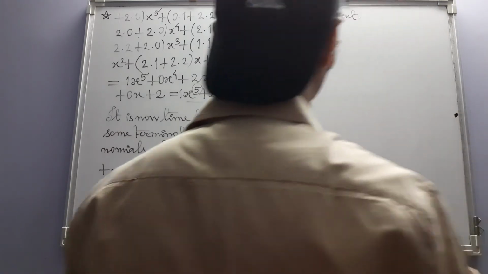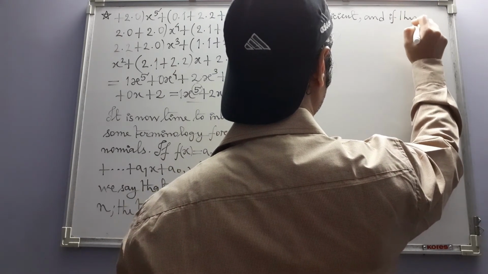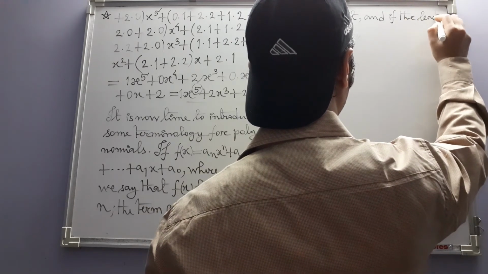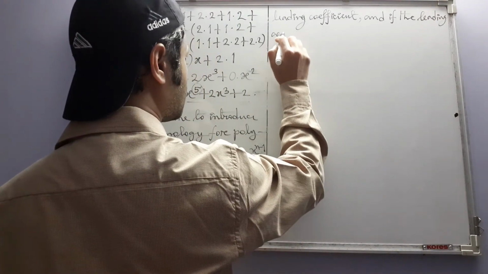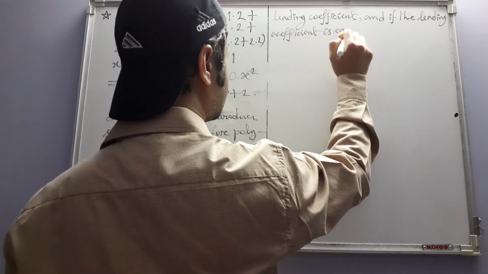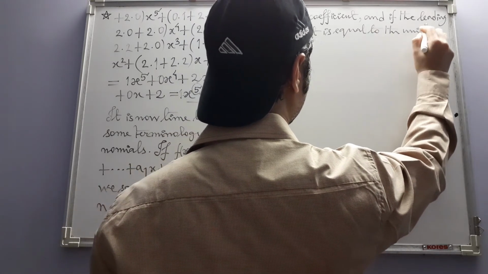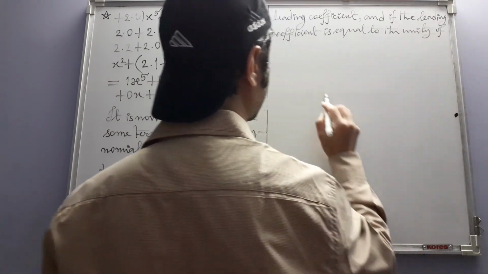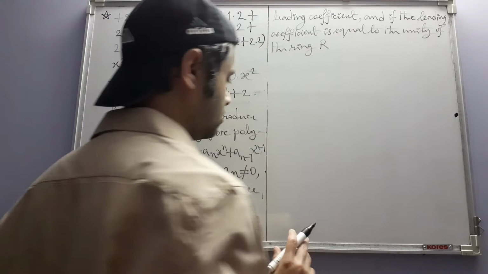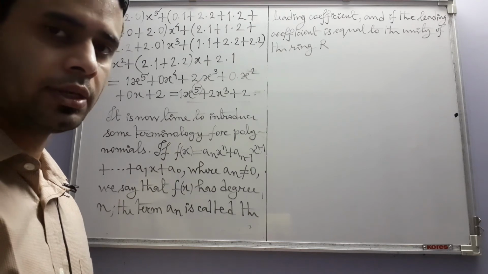And if this leading coefficient is equal to the unity of the ring R. Recall that we have defined polynomial ring Rx, where R is any commutative ring.